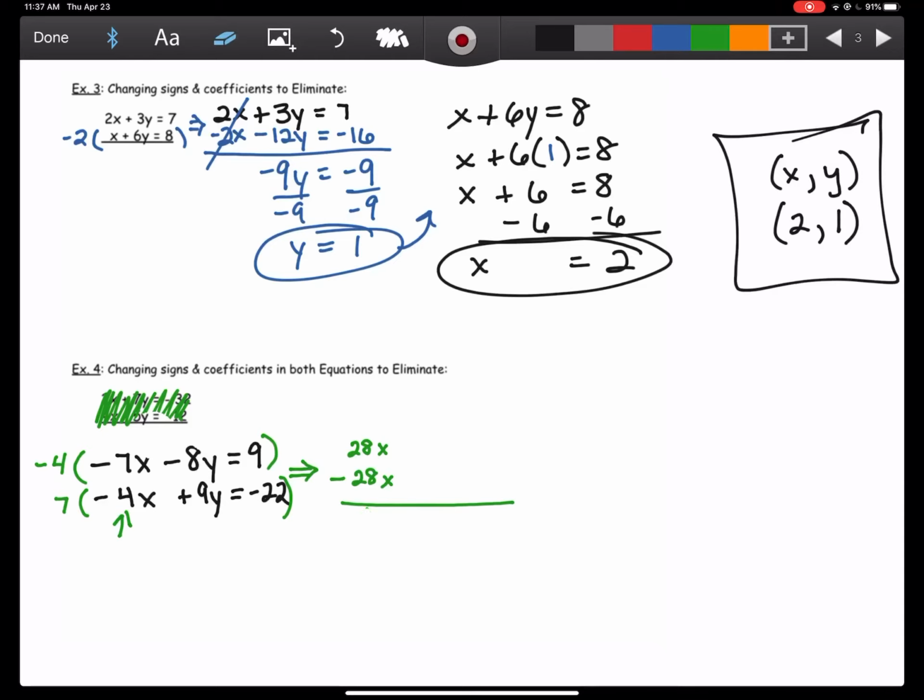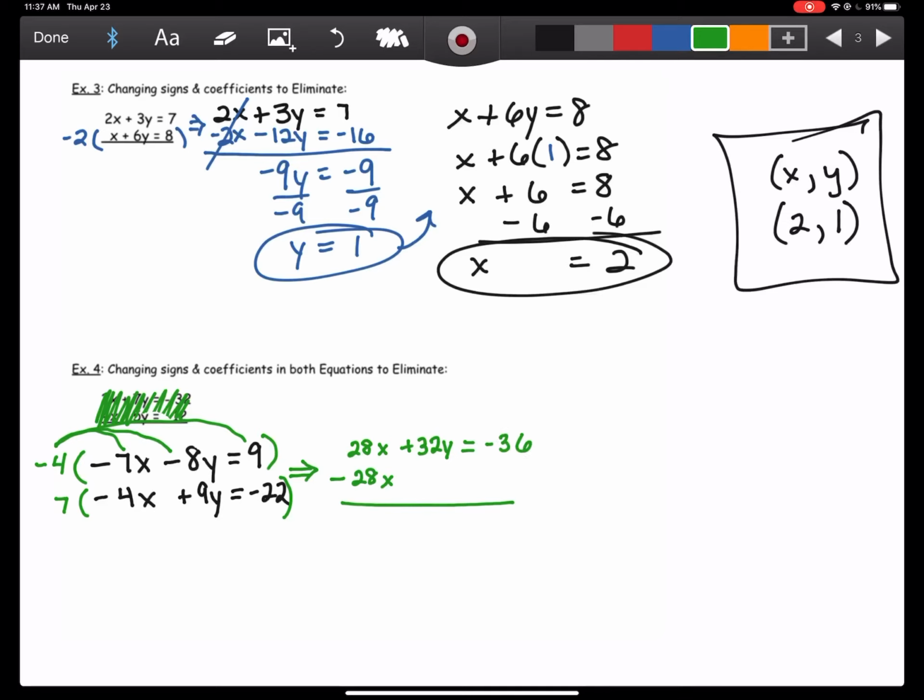Now I'm ready. I'm ready to do the rest of my distributing. Okay, here we go. So negative 4 times negative 7x is done. Negative 4 times negative 8y, positive 32y. Negative 4 times positive 9 is negative 36.